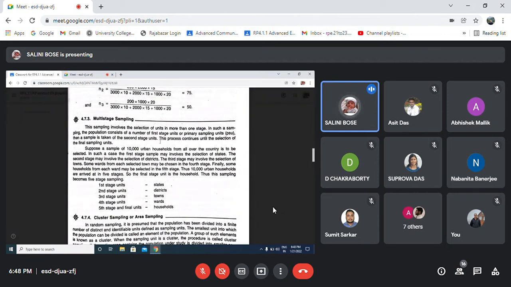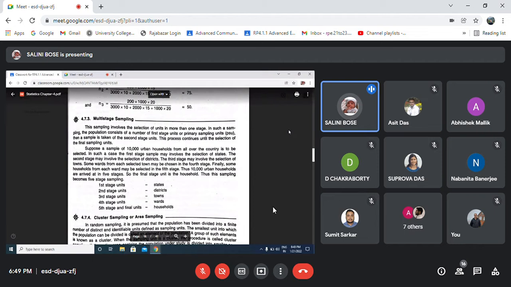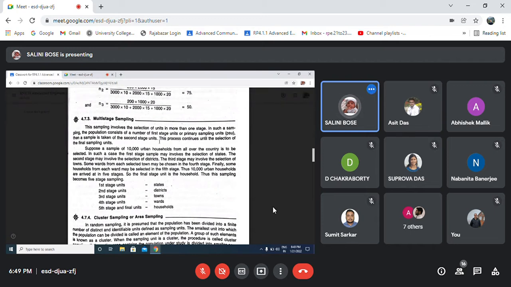So what are you doing first? The population that you have, that is the first stage sampling unit you are taking. Then the sample is taken of the second stage unit. This process continues until your selection gets the final sampling units. So, for example, suppose a sample of 10,000 urban households from all over the country is to be selected.